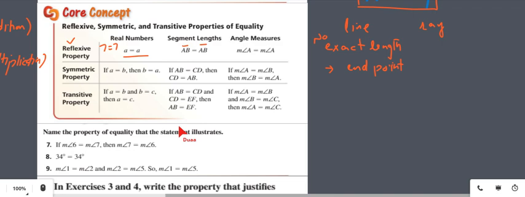Clear? We can write that line segments are equal because their measure is the same. They can have the same length. A line cannot have the length of 5, but a line segment can have a length of 5 meter, 5 centimeter, 5 millimeter, etc. Similarly, for a ray there is one endpoint.